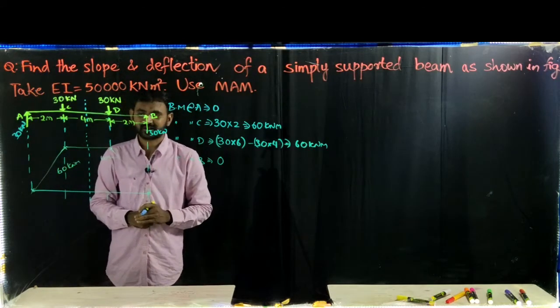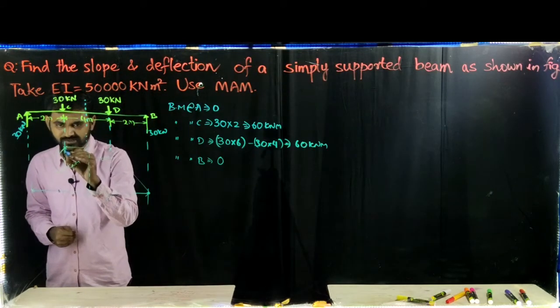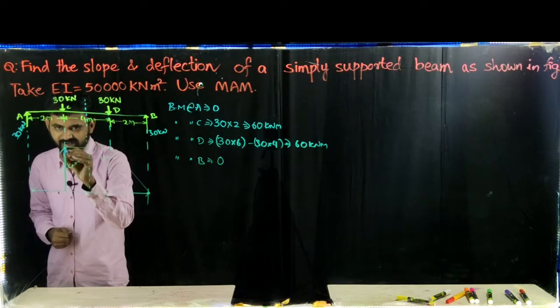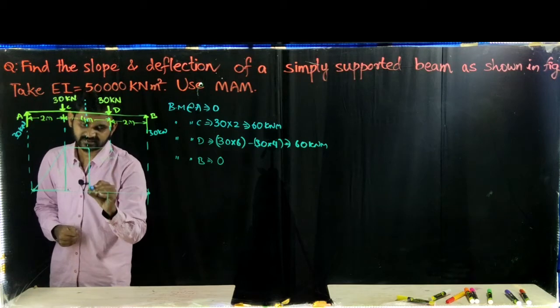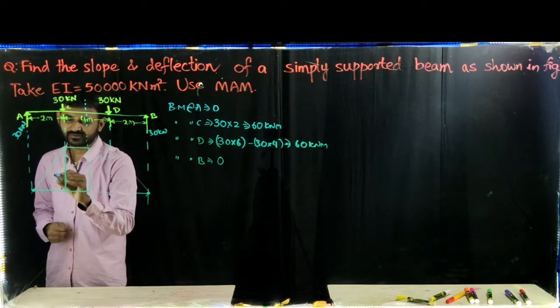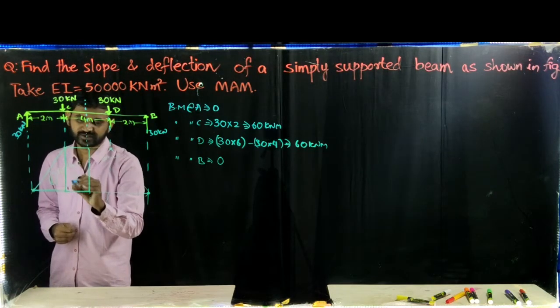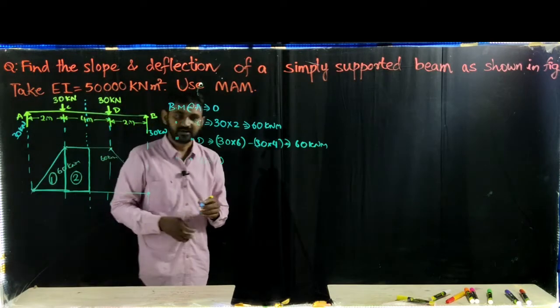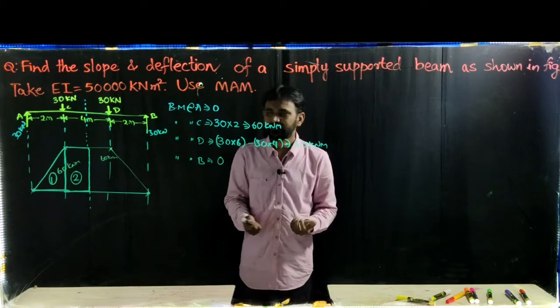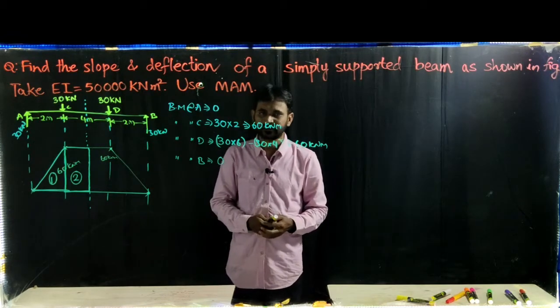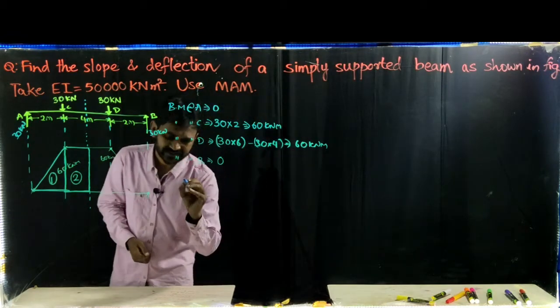In this half section, I have to consider this as a triangle and this as a rectangle. So I get two figures, one triangle and one rectangle. Now I have to calculate the area of these two sections, so that my problem will be simplified.